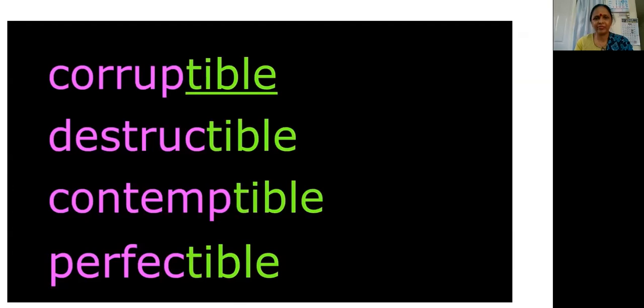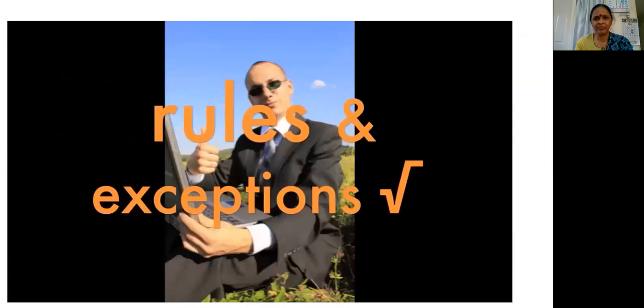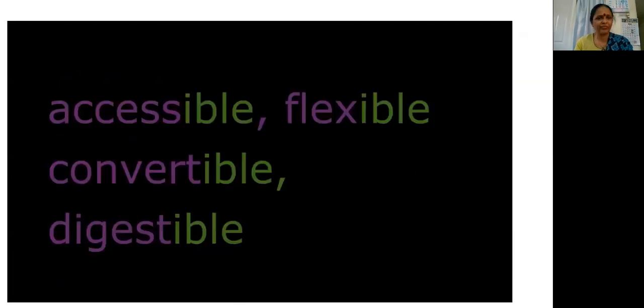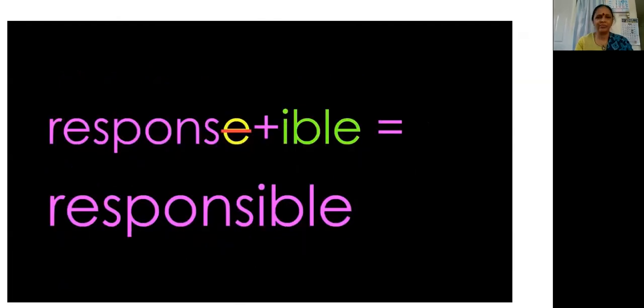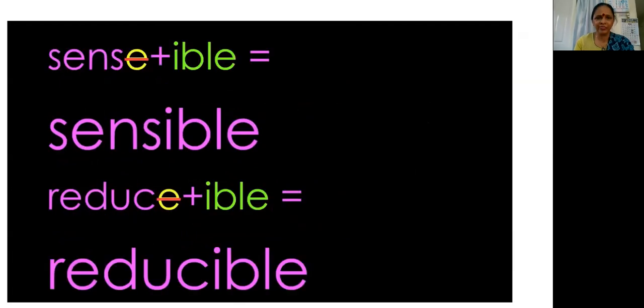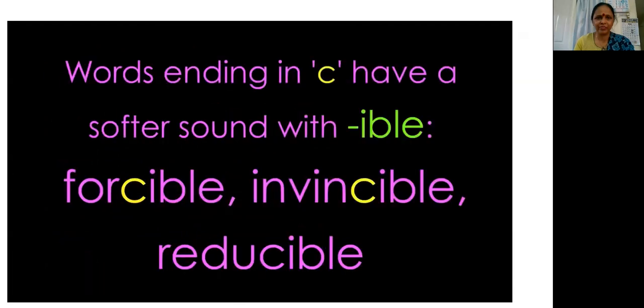Look at these. Access plus ible, accessible. Flexible. And the other ible endings: convertible, digestible. We also drop the E with ible. Collapsible, responsible, sensible, reducible. Words ending in C have a softer sound with ible. Forcible, invincible, reducible.